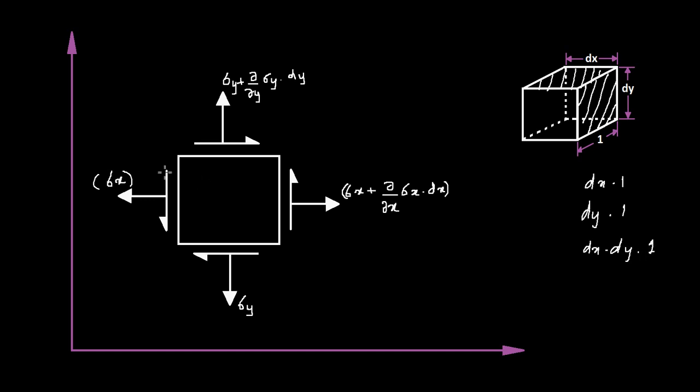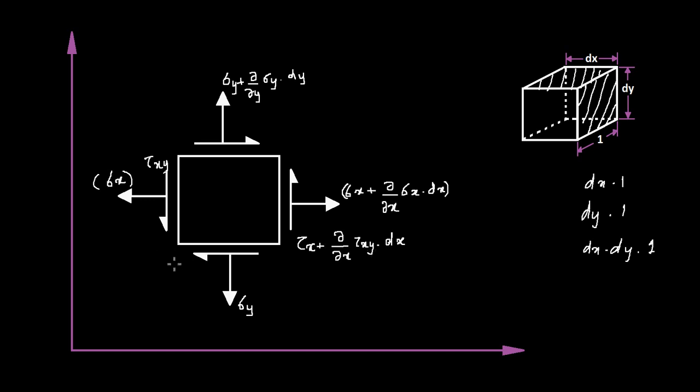Now you have a shear stress acting here. Let's take it as tau xy, and therefore you will have a corresponding shear stress in this plane as well, and you can write it as tau xy plus a rate of change of tau xy times dx.